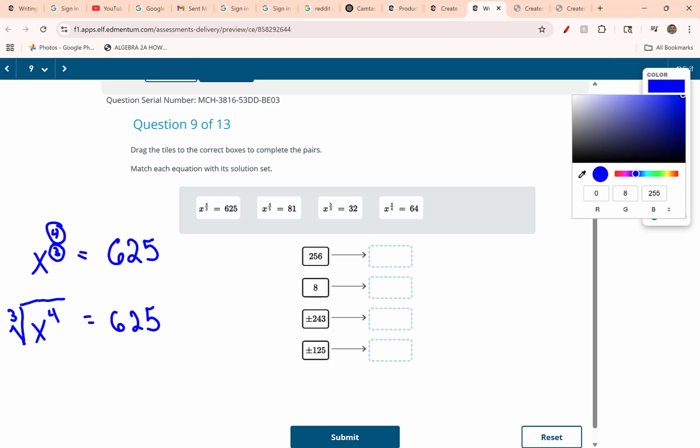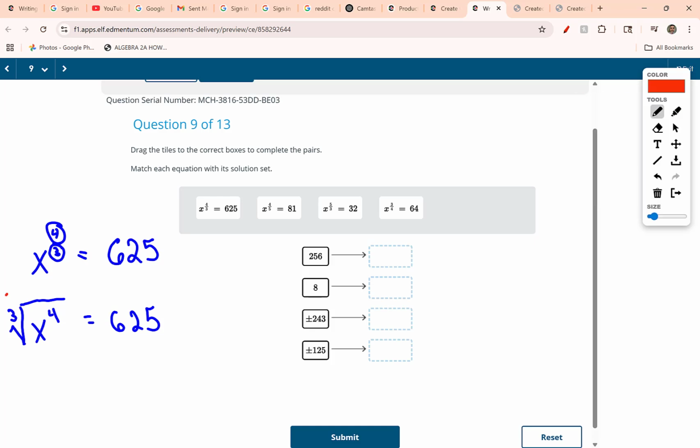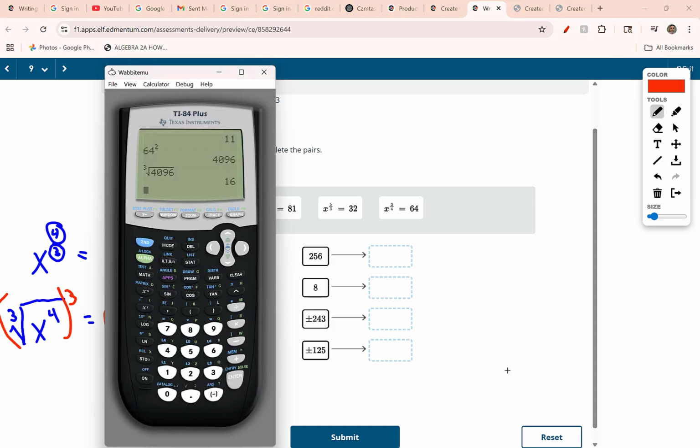So our first step, get rid of the cube root by cubing both sides. Definitely we'll need a calculator for this. So let's take 625 and raise it to the 3rd power.